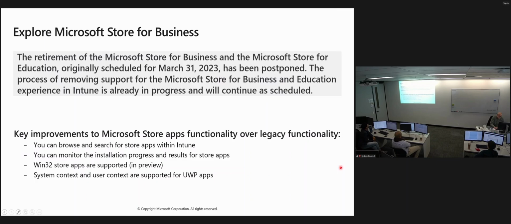And system context and user context are supported for Universal Windows Platform apps. So admins can browse, deploy, and monitor Microsoft Store applications inside Intune. These are the new things that they've added to Intune.